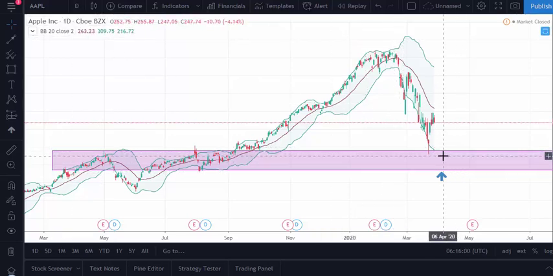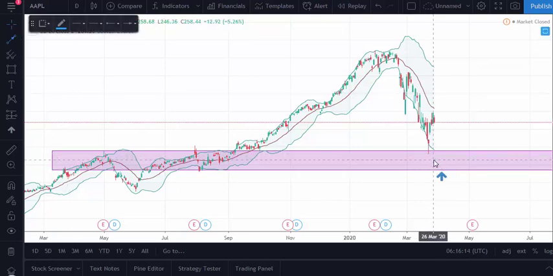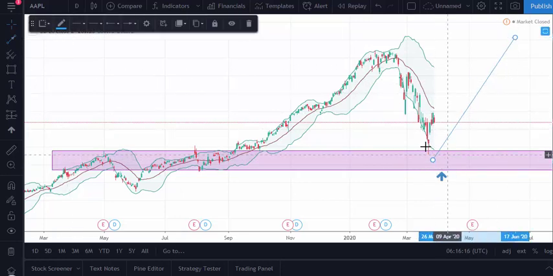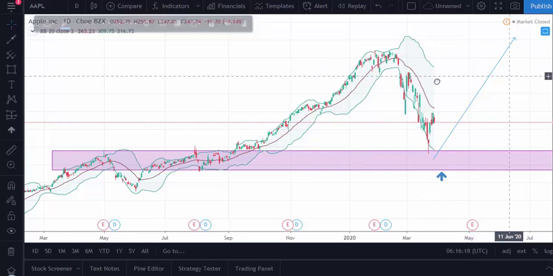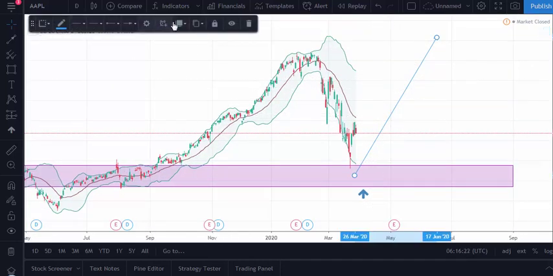So I am very interested in this level, which is 210 or 200, something around here in the daily time frame. If the price comes in here, I will start my buying pressure for the long term. I said this area has a very good potential to move this stock higher. So yes, this is all in the daily time frame.